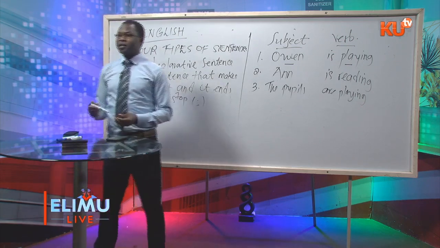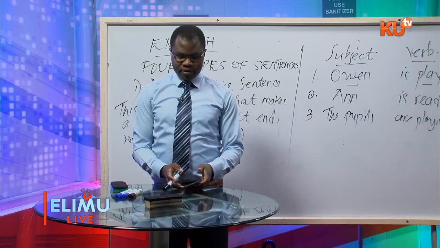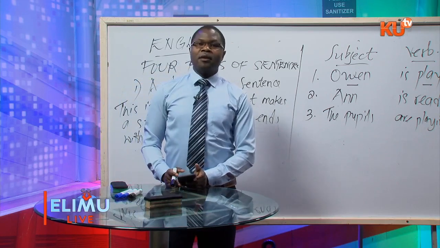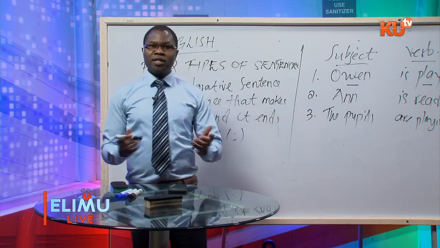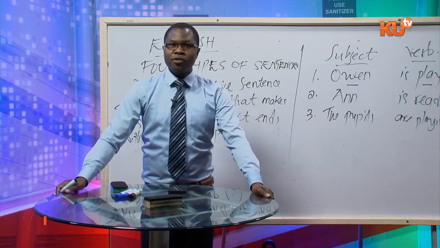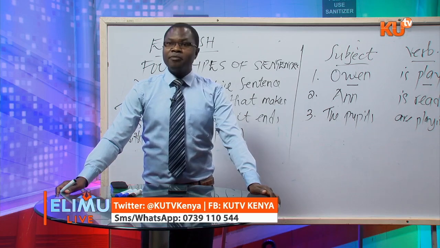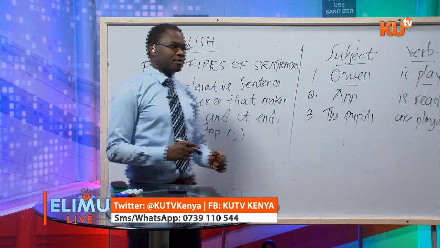This is what we call a declarative sentence. It is a sentence that makes a basic statement and it ends with a full stop. As we continue, there's a number there. You can be sending your questions. I'll be responding to them in due course. And then I'll be giving examples of declarative sentences.